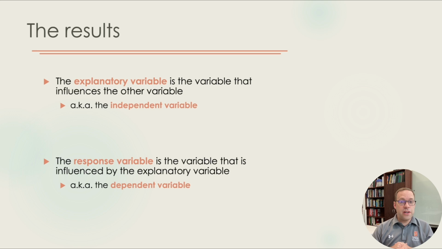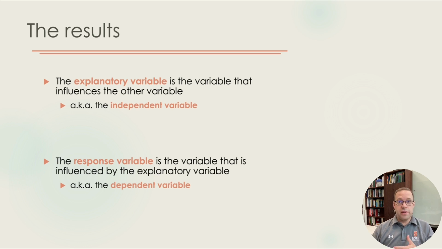The explanatory variable is the one that influences the other. It's more likely to explain why the other variable behaves the way it does. Whereas the response variable is the one that's more likely to be influenced by the other variable.